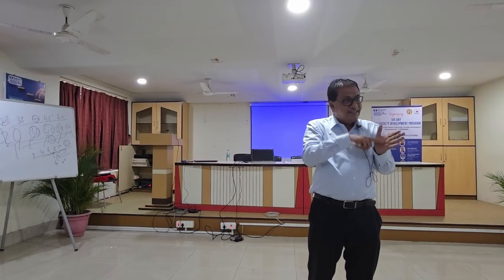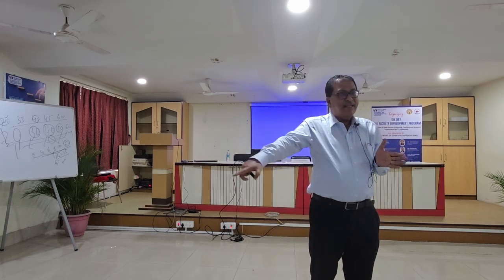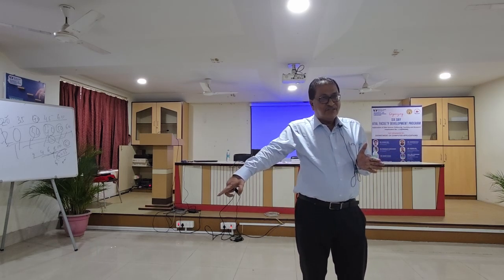The same thing applies in statistics. With the help of the first degree we find the mean, with the second degree we find standard deviation, and with the third degree we find skewness.